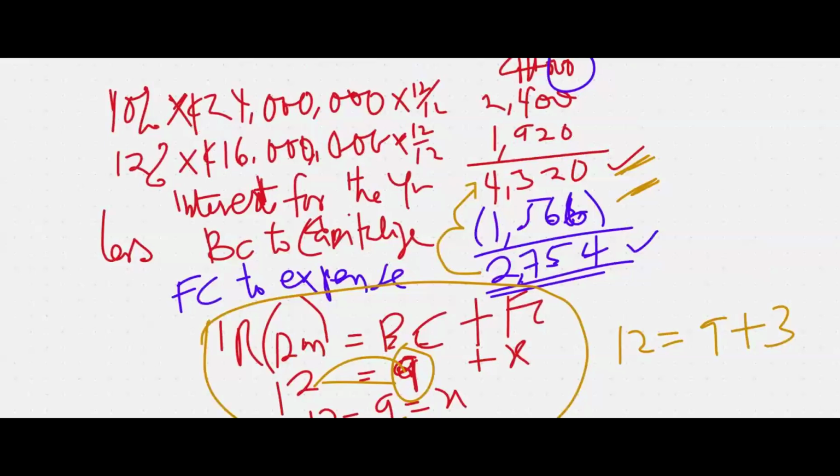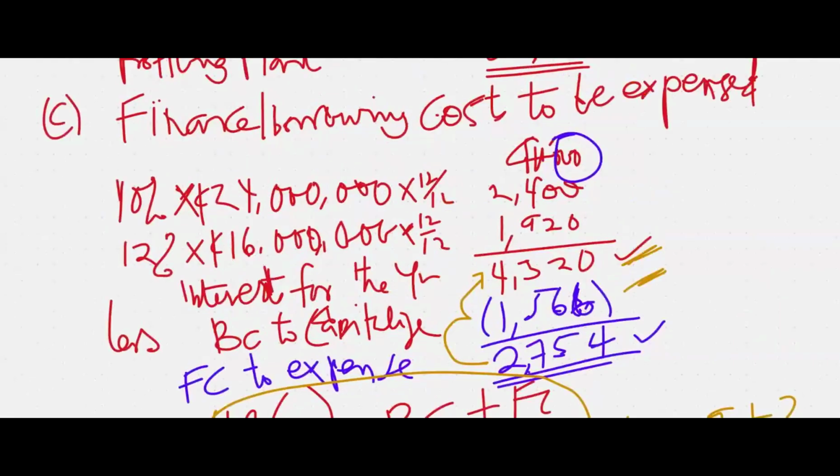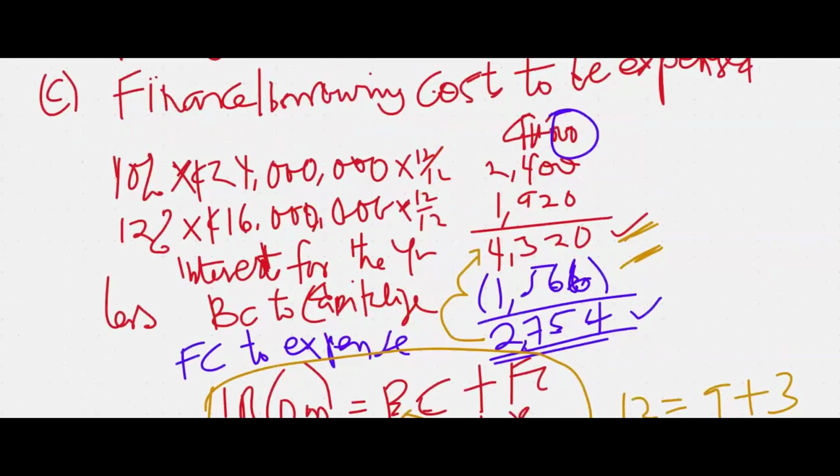Because from the calculation I gave, for the finance or borrowing cost to be expensed, we made it 10% times the 24 million loan. We are dealing with the loan amount here. So 10% times 24 million times 12 over 12, which is 2.4 million.